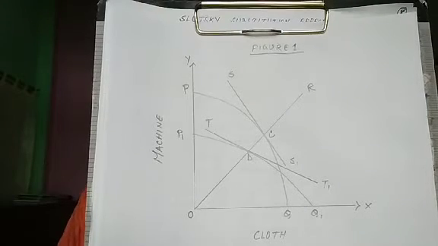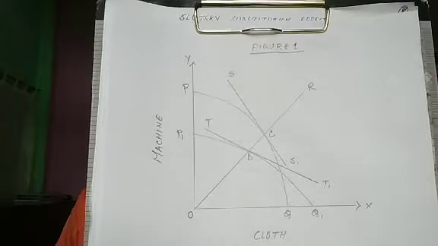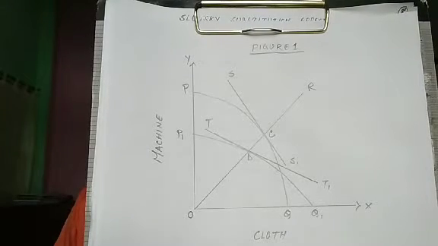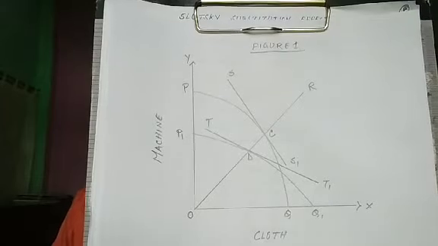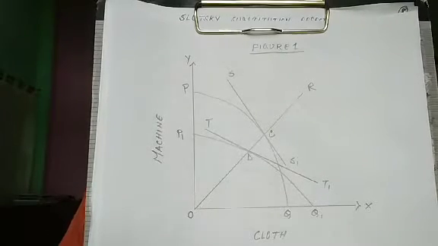The points C and D lie on the respective production possibility curves PQ and P1Q1 of these two countries.